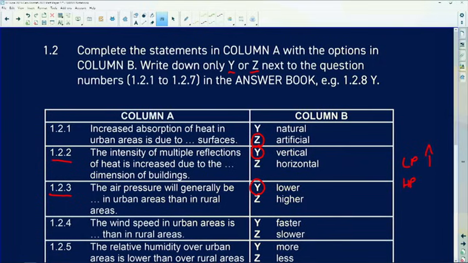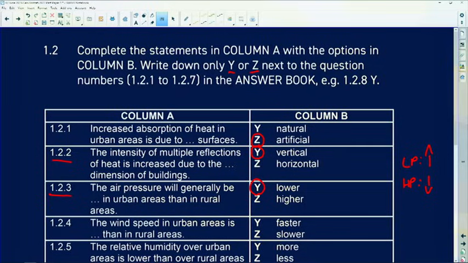High pressure, the air sinks. So you can just imagine, when we look at urban heat islands, warmer conditions, air rises. Colder conditions, air sinks. We just discussed rural areas are going to be much cooler because of vegetation cover. Okay, there are fewer artificial surfaces.